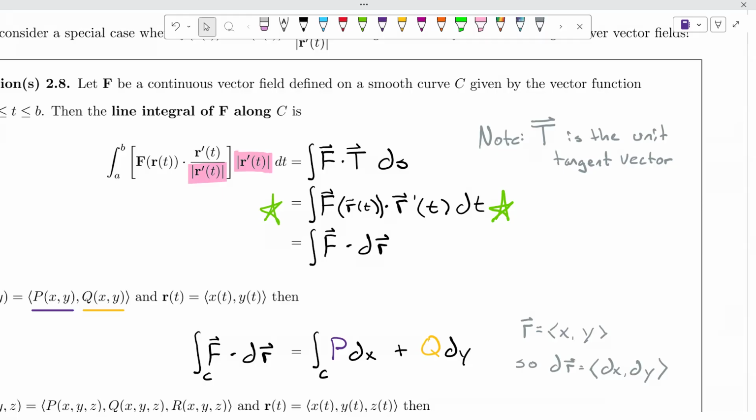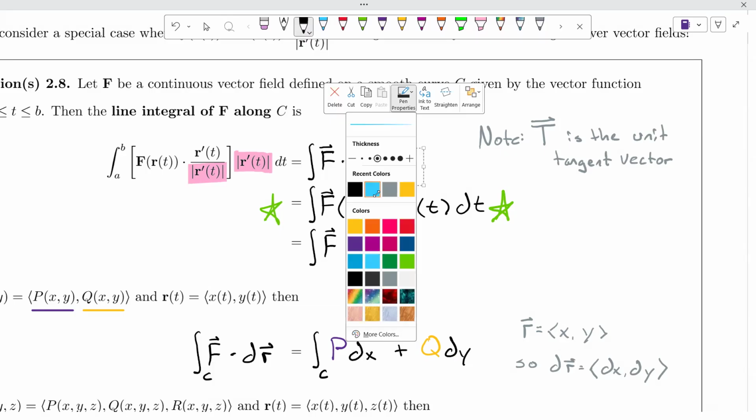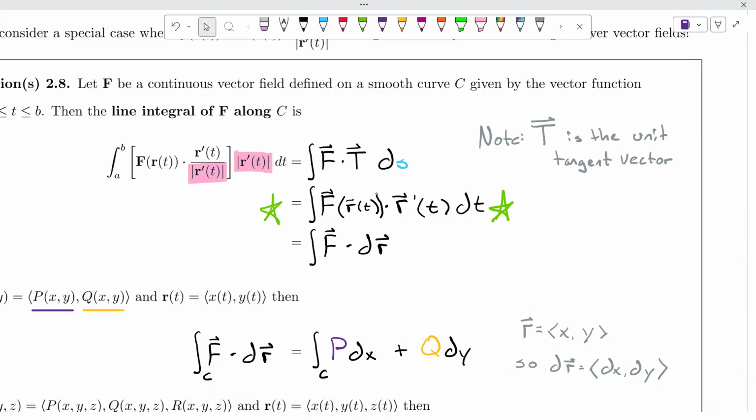Its maybe most theoretical form is the dot product of the field with the unit tangent vector, capital T, ds. Right, we're back to using a ds in that particular version of the line integral formula, and also written out probably the most quickly, the easiest shorthand notation we've got is F dot dr.